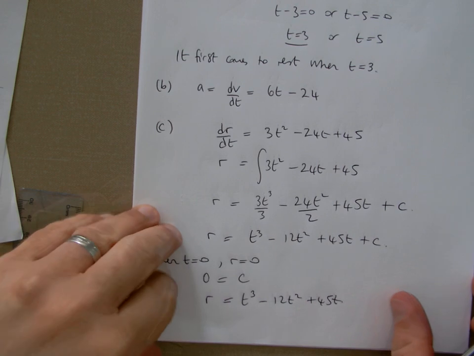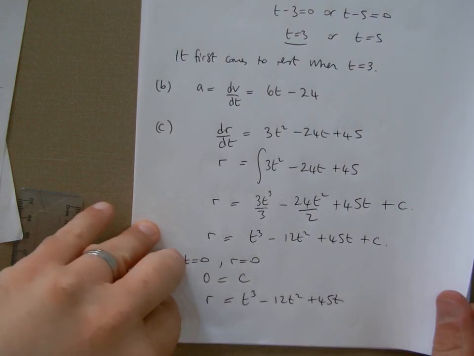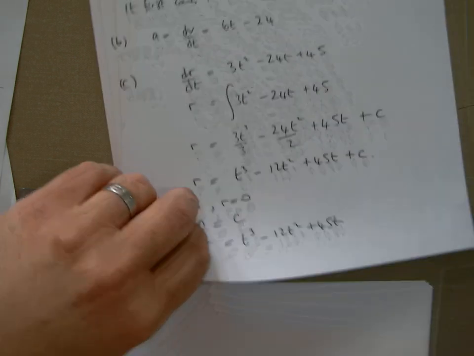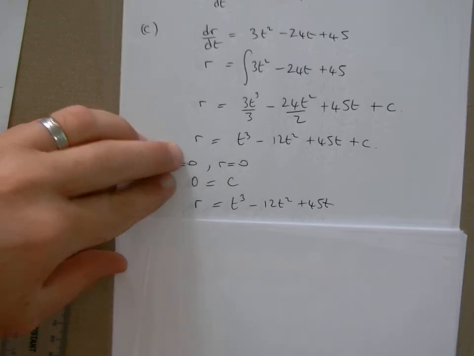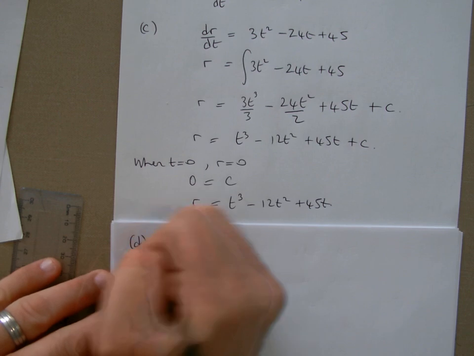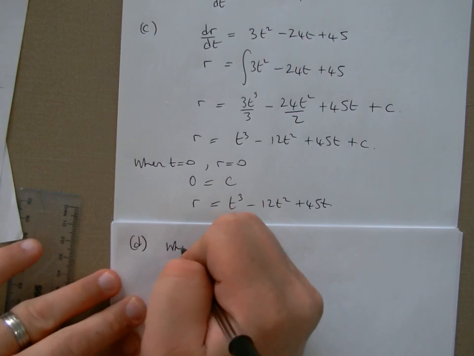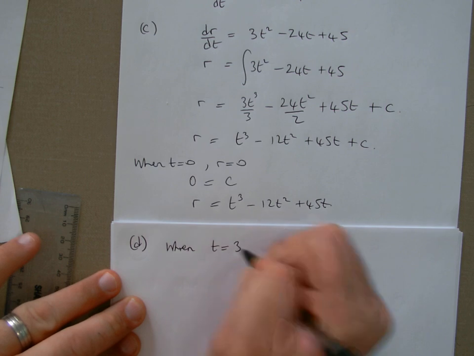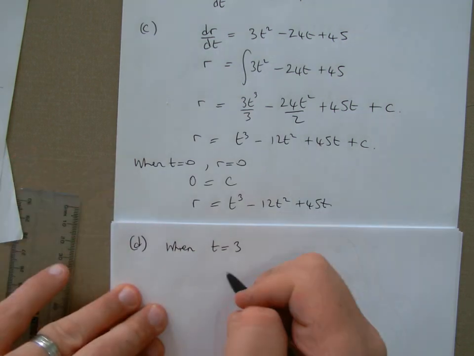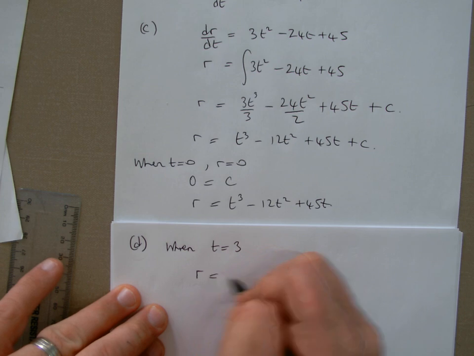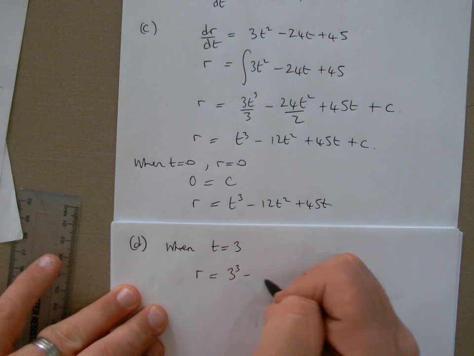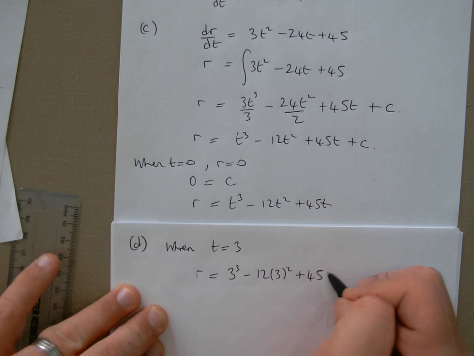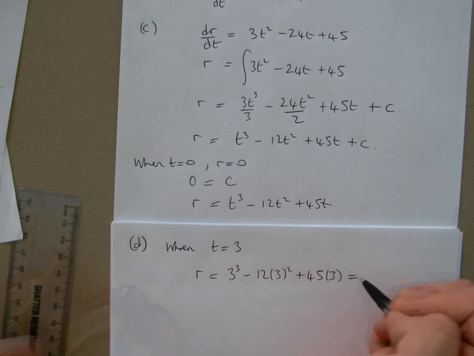Part D says find the distance travelled by the particle in the first 3 seconds of its motion. So when t is equal to 3, r will equal 3 cubed minus 12 times 3 squared plus 45 times 3.